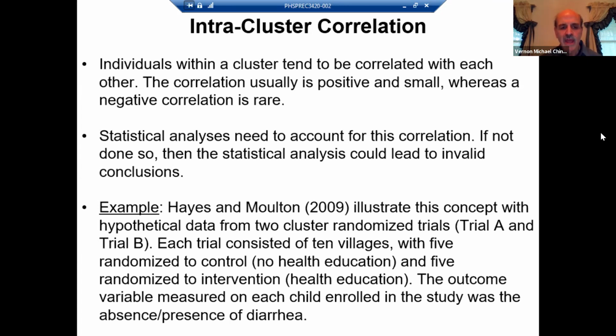We'll call them Trial A and Trial B. Each trial consisted of 10 villages, with 5 of them randomized to control, getting no health education, and 5 randomized to intervention, where there was health education. And the outcome variable measured on each child in this study who was enrolled was the presence or absence of diarrhea.